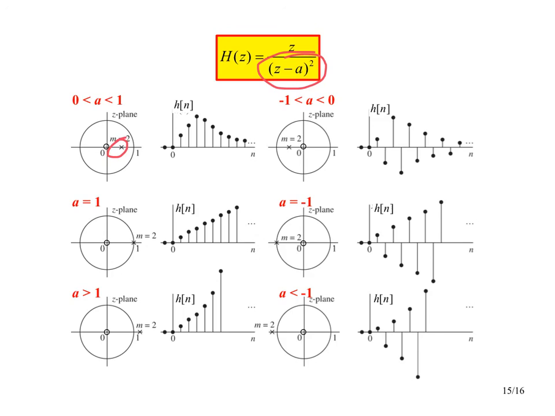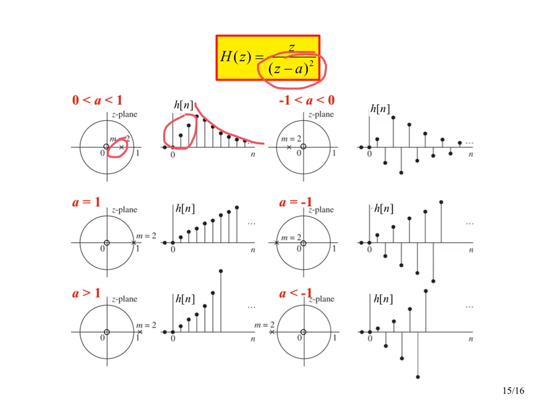So what we see happening here is that instead of decaying down, it actually starts to ramp up, but eventually decays down exponentially. I would encourage you to try to find what h of n is for these. It may take a little bit of reviewing how to do partial fraction expansion for the case of repeated roots and so forth, but it could be interesting for you to do that.